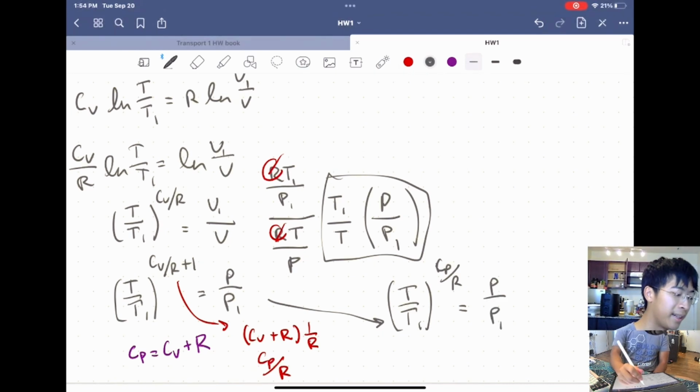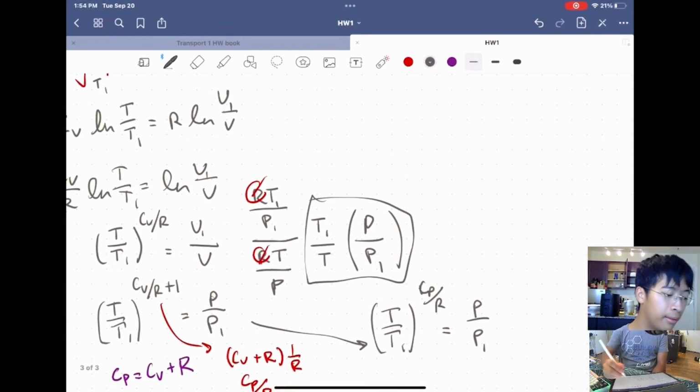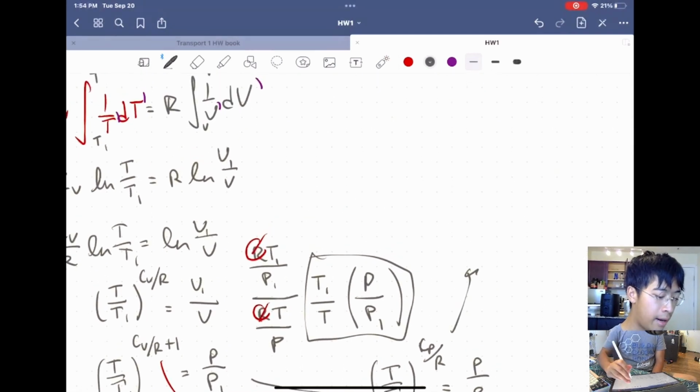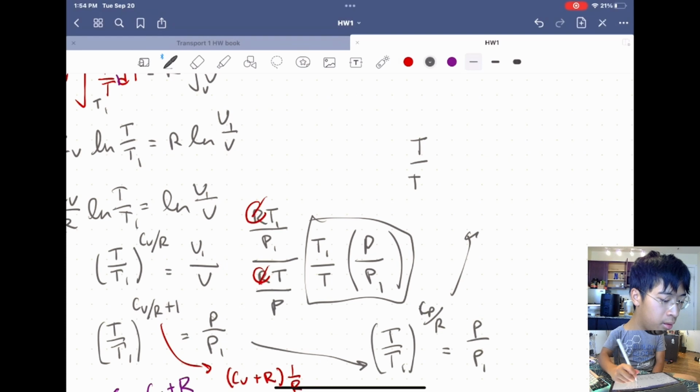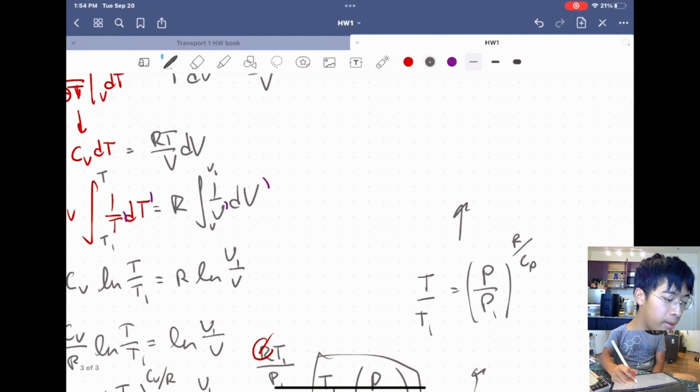Well, the end is in sight, right? You can see how we can clearly algebraically solve for T now. So why don't we go ahead and do that? We now have T over T1 is equal to pressure over a known pressure raised to the power of R over heat capacity at constant pressure, and multiply the known temperature over.